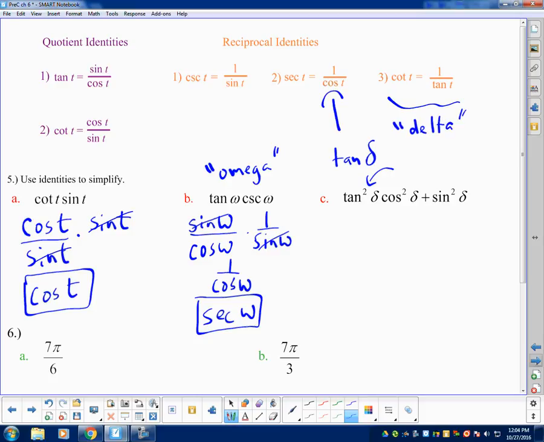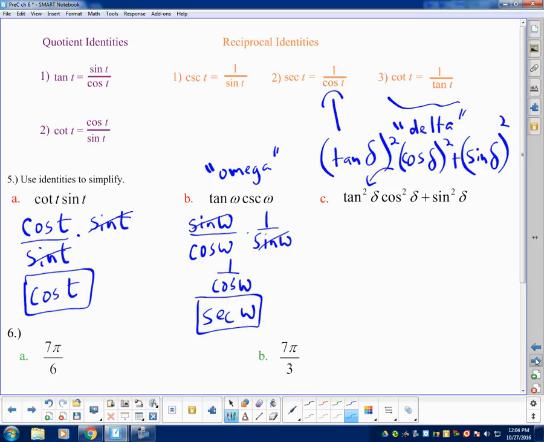So I'll introduce you to my Greek letter. So what we mean is that the whole function is squared. And then we have cosine of delta quantity squared plus sine of delta quantity squared. These mean the same thing, okay?